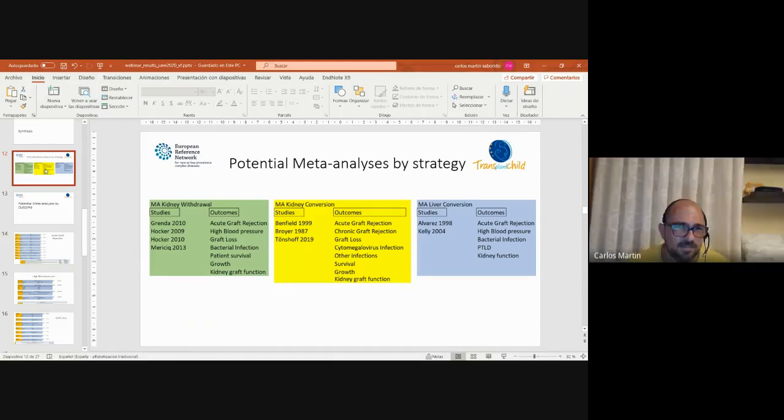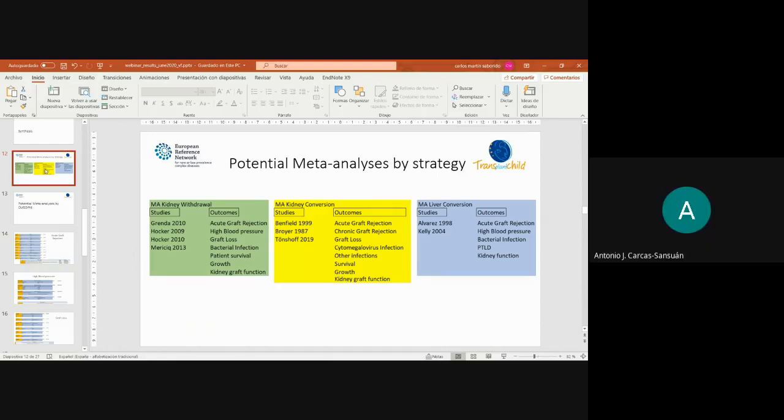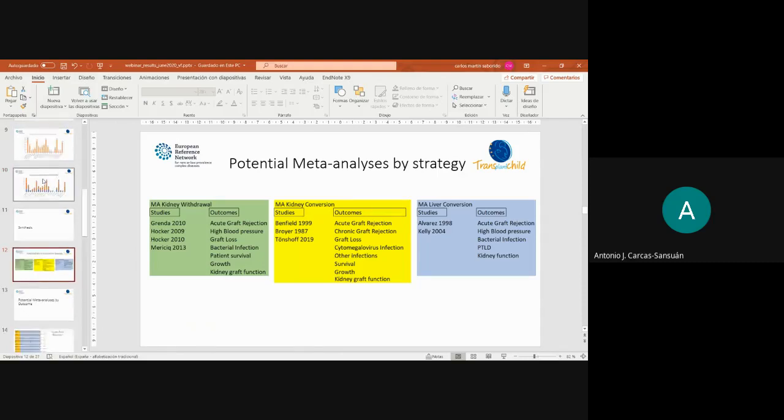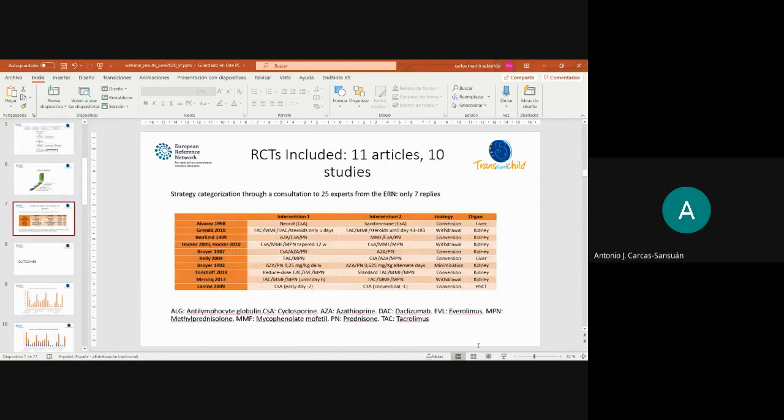Yeah. And the other question is that maybe we should think about splitting or separating one strategy, which would be the reduction of corticosteroids, just the reduction of the dose of the corticosteroids or the withdrawal of the corticosteroids.